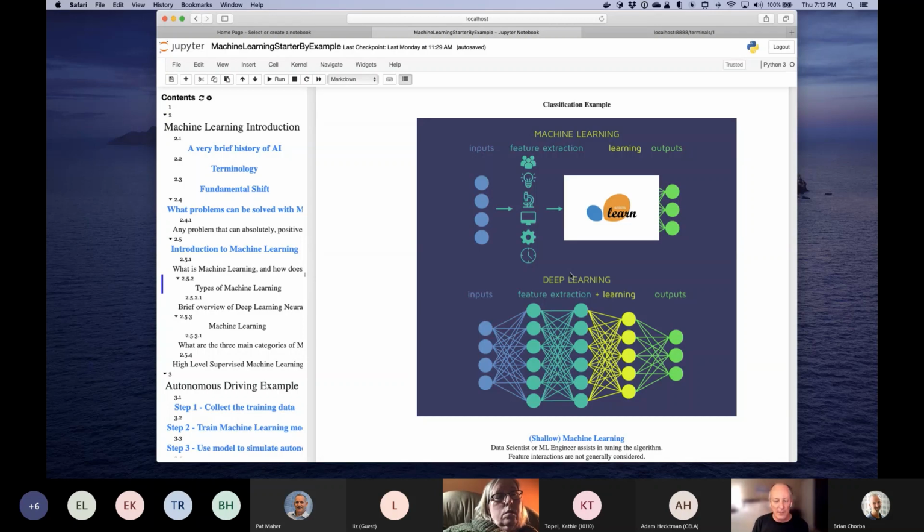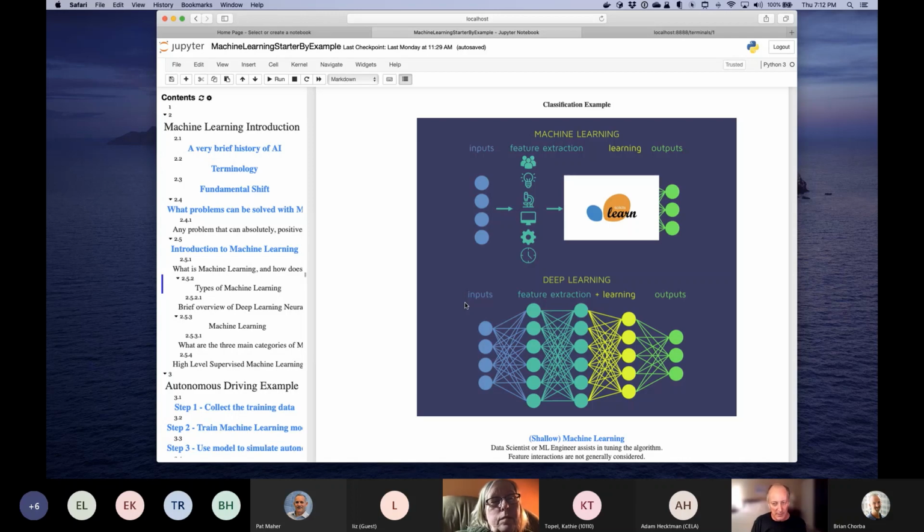Now, deep learning is slightly different. And that's the bottom part of the image. On the far left of that one, I still have the exact same inputs. So the inputs really don't change. But the layers between the input and the output is what we call those hidden layers. So the feature extraction and the learning layers, the green here and the yellow in the center, those are the hidden layers.